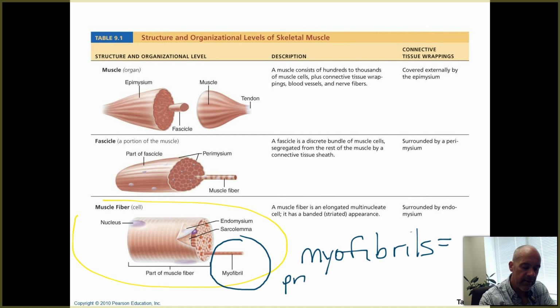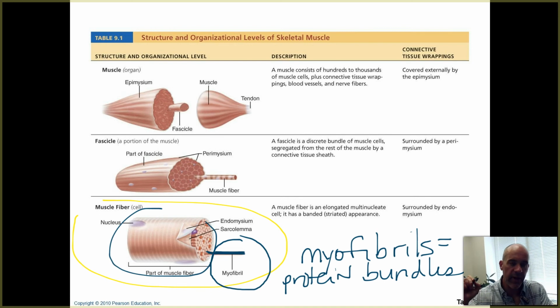And those are not cells, those are protein bundles. This is one cell. So the little fibers you're seeing in there, called myofibrils, are actually protein bundles, and those are where your contraction takes place. So a muscle fiber is actually full of protein fibers called myofibrils, which is why meat has a lot of protein in it.